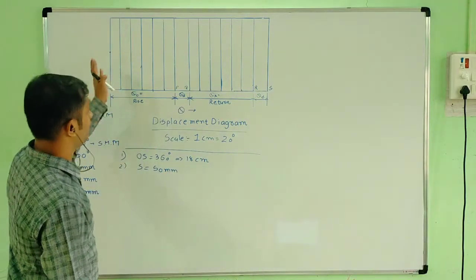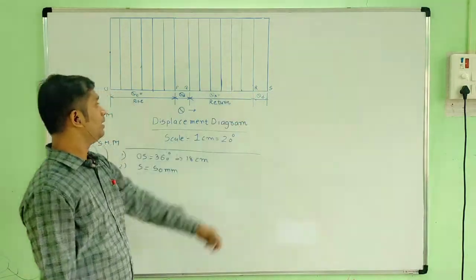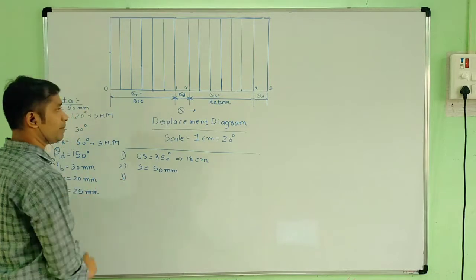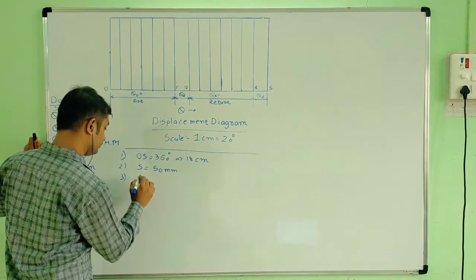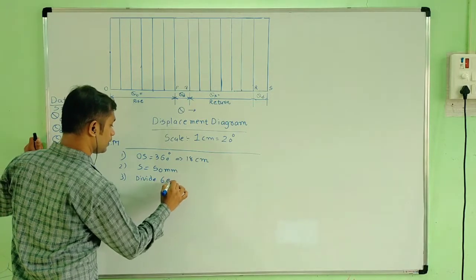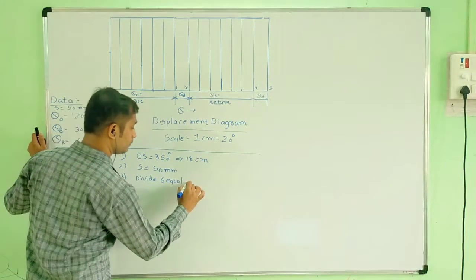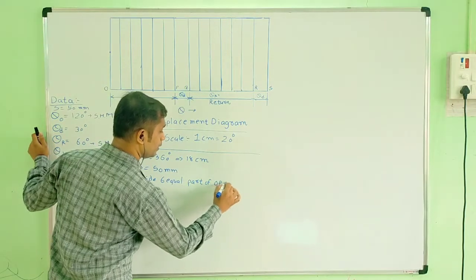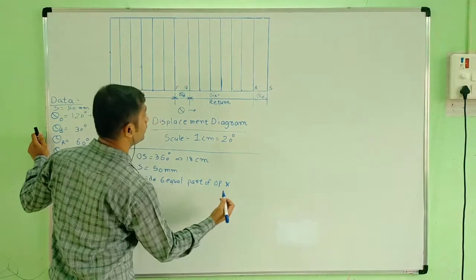Then make a rectangle. Then the next, third step is to divide OP and QR into 6 equal parts.